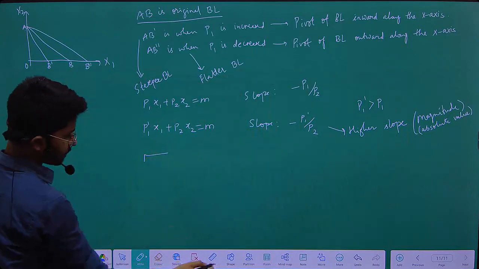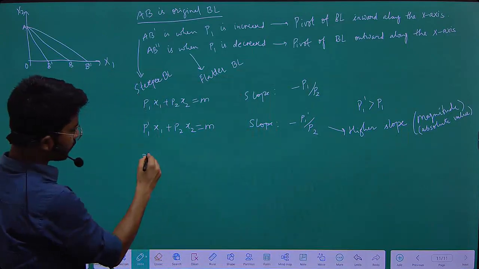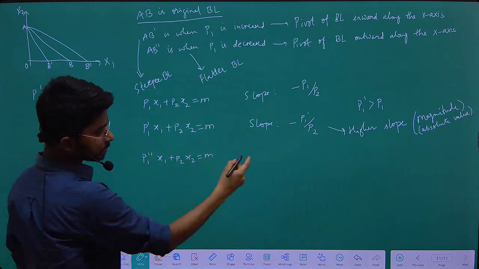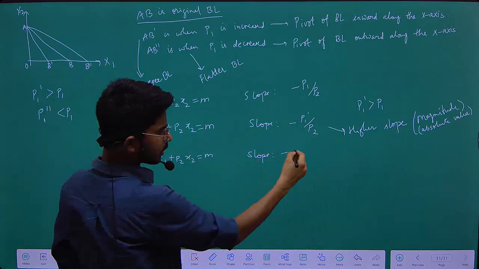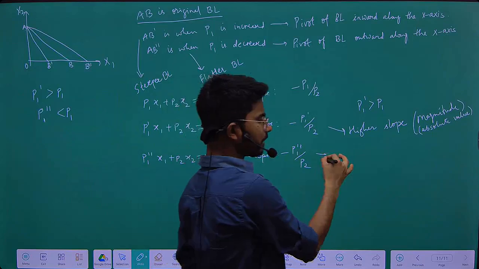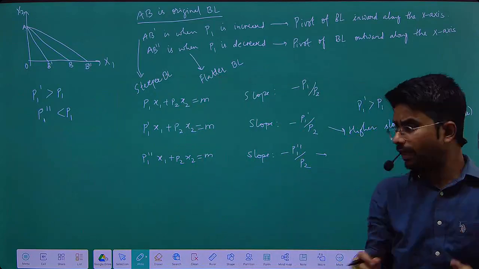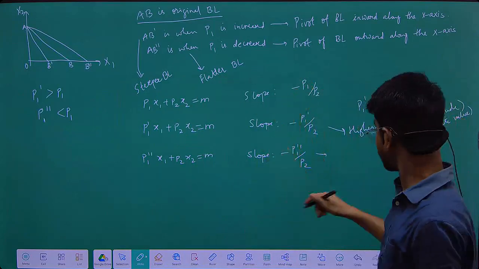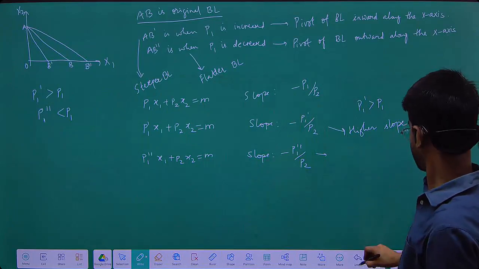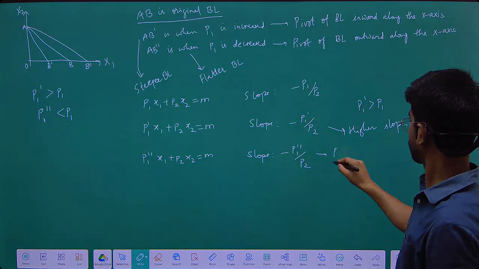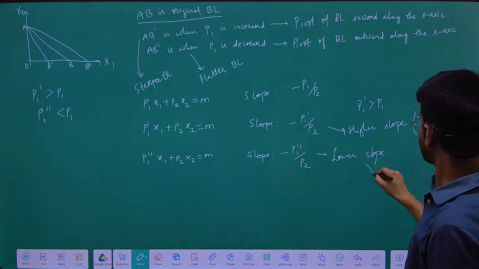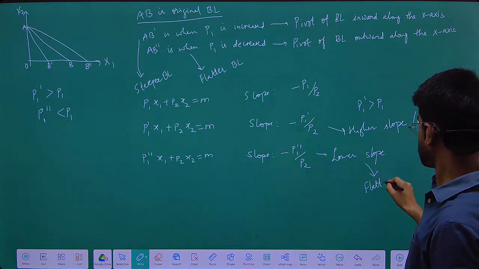Similarly, if you have P1 double dash x1 plus P2 x2 equal to M, what will its slope be? If you work it out similarly, you will get the slope as minus P1 double dash upon P2. And in absolute terms this slope will give a lower value than the original slope. So this will have a lower slope, and in that case it will have the flatter budget line.